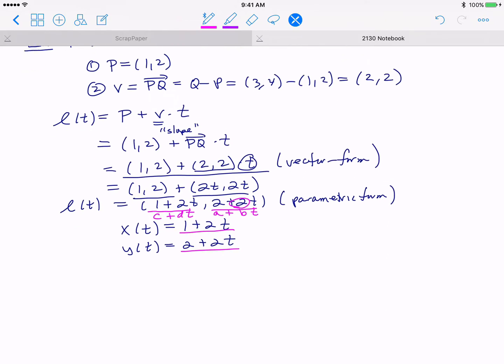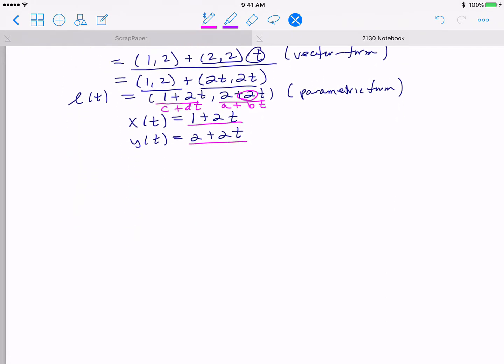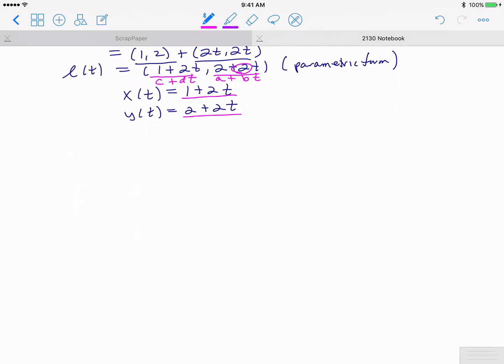Just to get a little bit more of a feel for this problem, let me ask the follow-up question. Can you find 3 points on this line, L of t? There's a couple ways to do that.